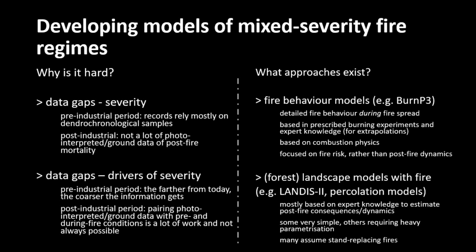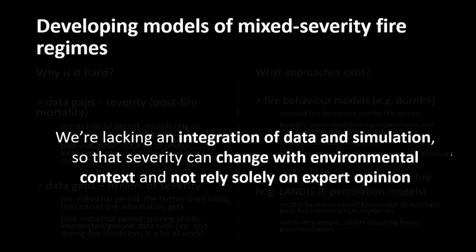And many of these models do assume stand replacing fire, so very high severity, 100% mortality. So truly what we're lacking is an integration of the data that we have and the simulation models that we can get.